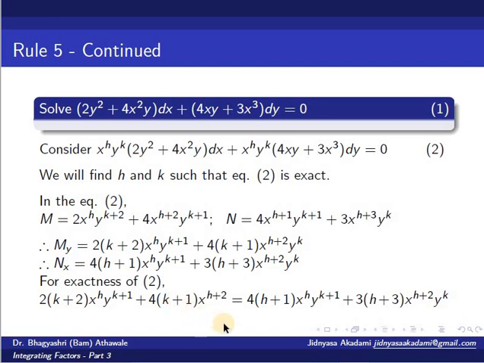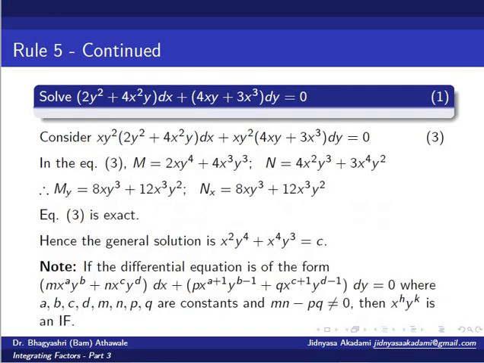But if none of them is possible, that means no other method we can apply to the given differential equation, always try this, whether x raised to h, y raised to k can be an integrating factor or not. But we will write the condition on m and n first, and these are: my differential equation should be of the form, if some x raised to a, y raised to b term is present in my m, corresponding to that term, x raised to a plus 1, y raised to b minus 1 should be there in my n.